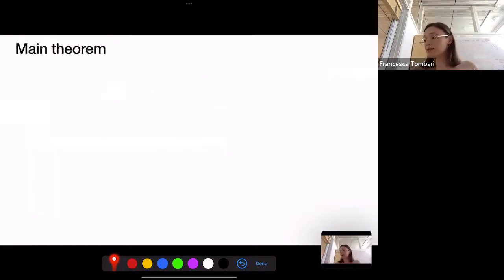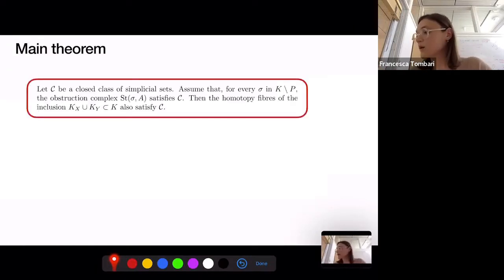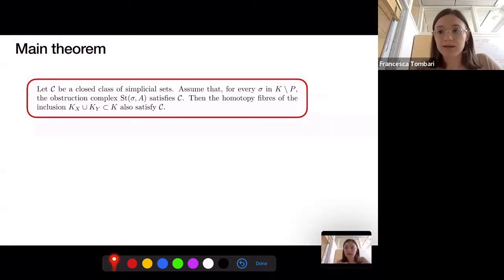And this leads to our main theorem, which is a consequence of this fact that we just saw, which reads as follows. So fix a closed class, and now remember your favorite closed class from before, like contractible simplicial sets, for example, and assume that every sigma, every simplex in K minus P, has an obstruction complex satisfying that closed class, or in that closed class, if you prefer.